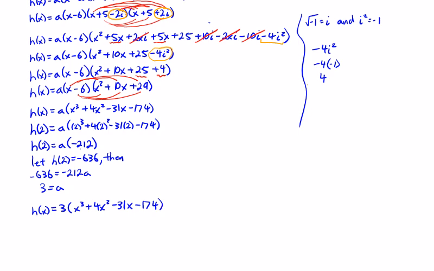And since we've already come this far, we might as well go ahead and finish the job of getting it completely in standard form, because it is still technically in a factored form because we have a 3 out there in front as like a GCF type factoring. So now we would say h of x is 3x cubed plus 12x squared minus 93x minus 522.